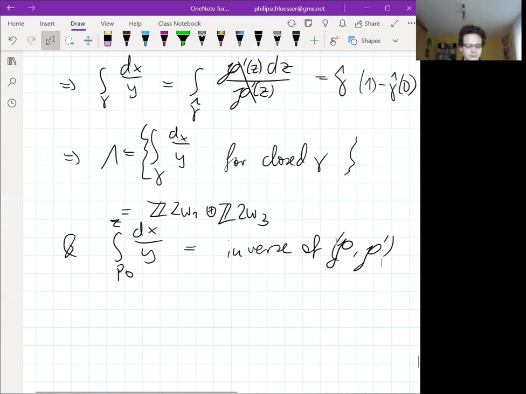So I guess the slogan to take away is that elliptic functions are the inverses of elliptic integrals and vice versa. And elliptic functions are rational functions on elliptic curves, on complex elliptic curves. And that was it.